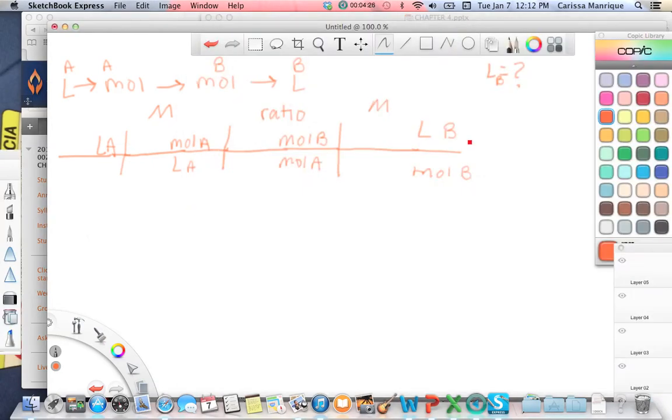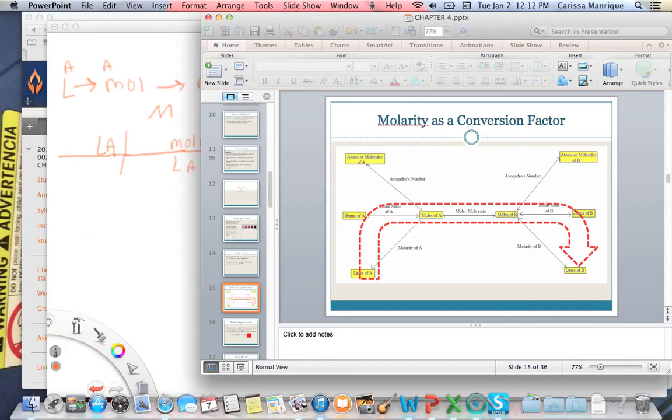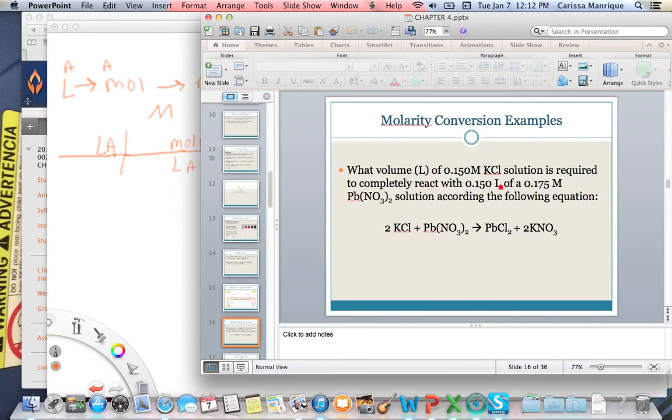So liters of A, because that's what we're starting with. I think it was 0.15 liters. Yeah, 0.15 liter. And the molarity is 0.175.